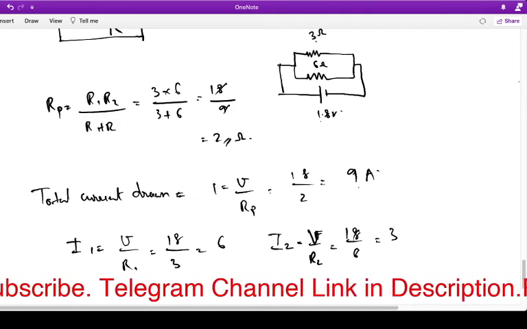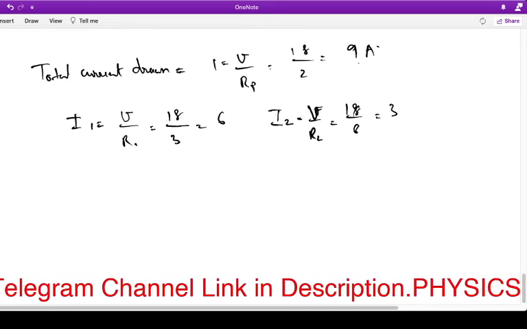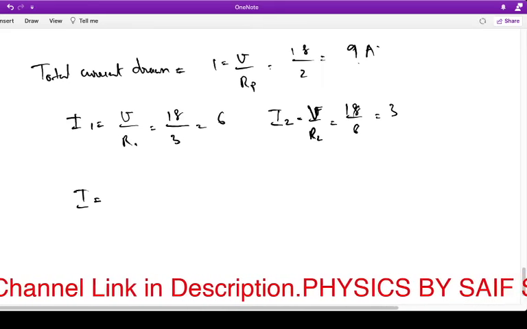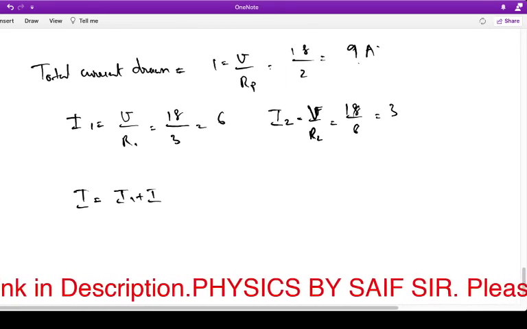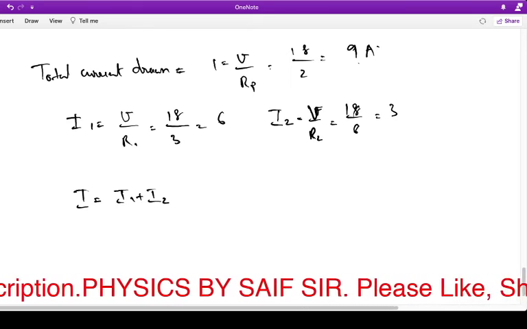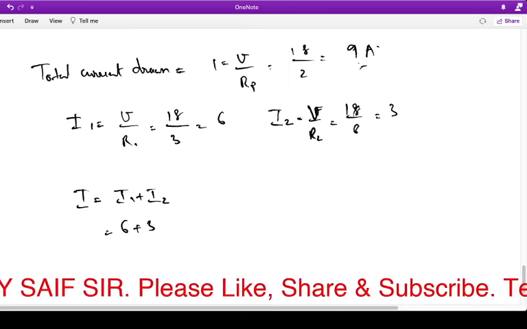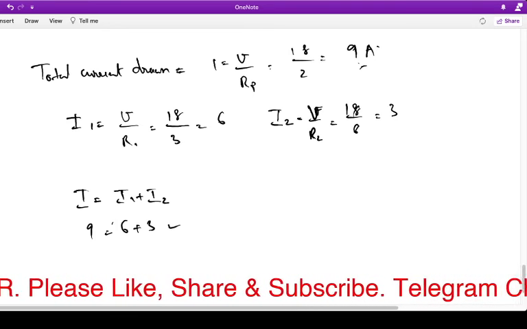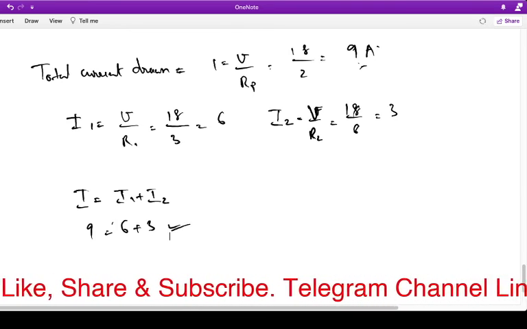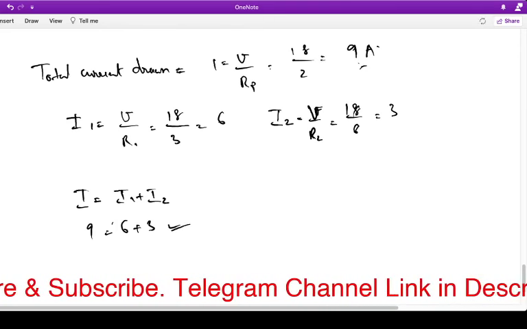You can cross verify your answer. If you add I1 plus I2, 6 plus 3, that is 9, which is the total current drawn. So what you have done is correct. You can cross verify your answer.